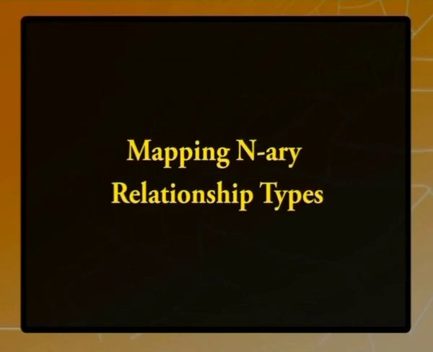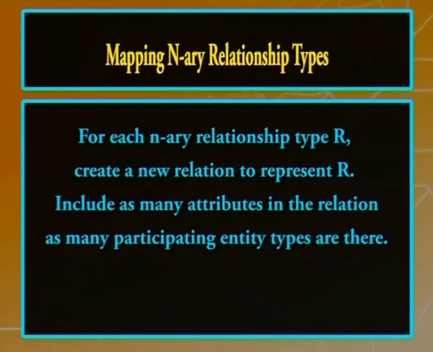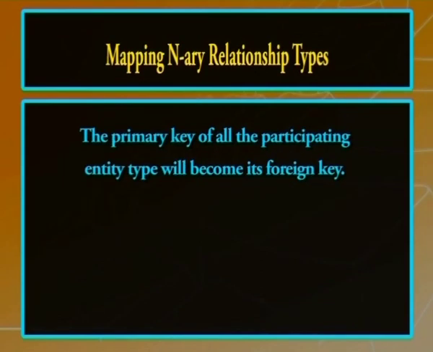And the last one is mapping of n-ary relationship types. For each n-ary relationship type R, create a new relation to represent R. Include as many attributes in the relation as there are participating entity types. The primary key of each participating entity type will become its foreign key.